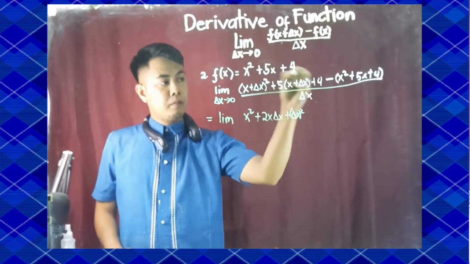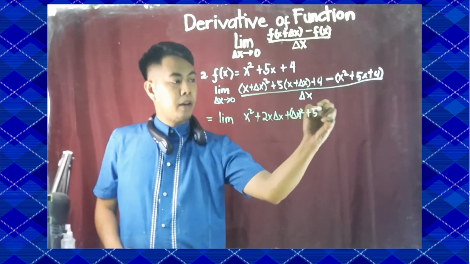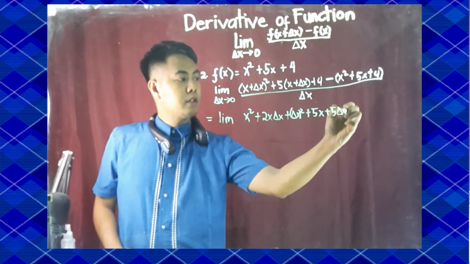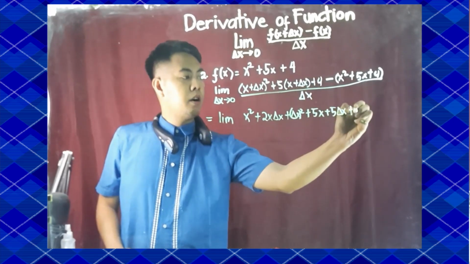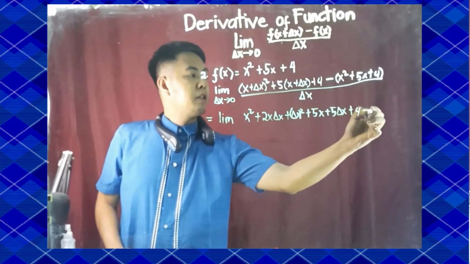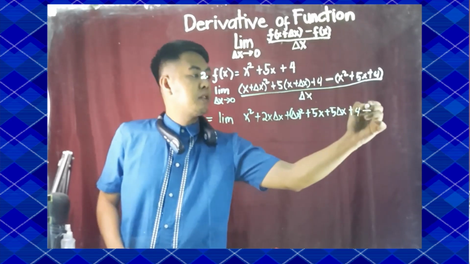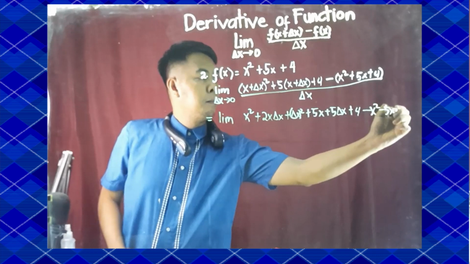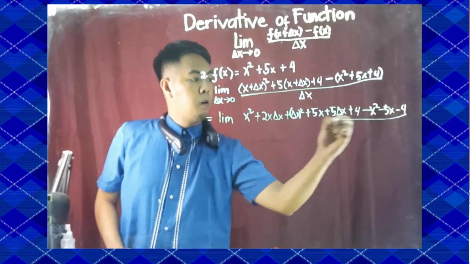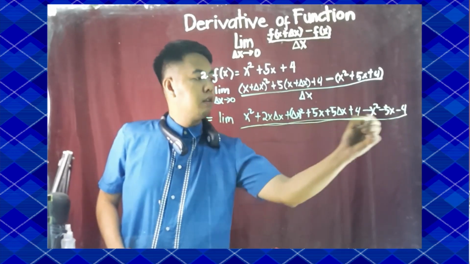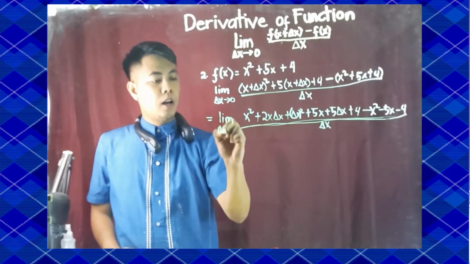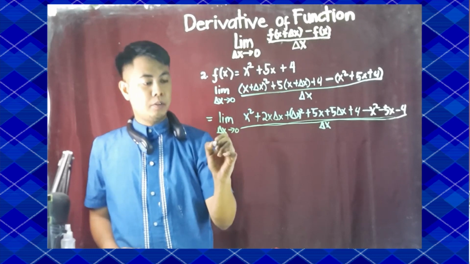So distribute 5, that will become 5x plus 5 delta x plus 4 minus, so distribute now the negative sign, this will become x squared minus 5x minus 4 all over delta x, where delta x approaches 0.